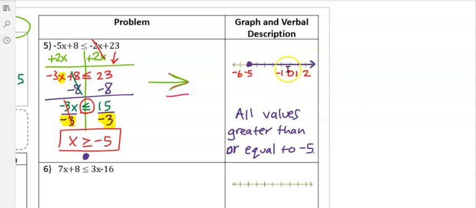So I'm shading to the right, and because it has a line underneath it, it's equal to, and that means it is a solid dot. Okay, so all of those numbers are solutions: -5, -4, -3, -2, -1, 0, 1, 2, 3, 4, 5, 6, all the way to a million, infinity, every number bigger than -5. The only numbers that aren't solutions are the numbers below -5 or less than -5.